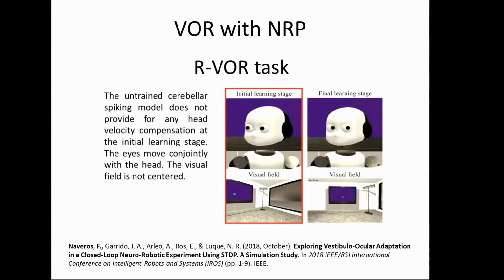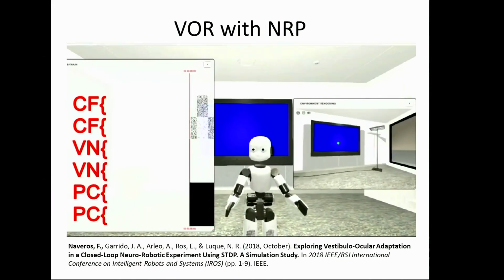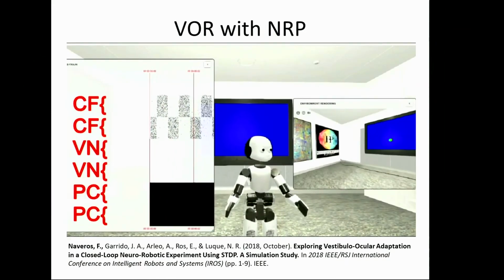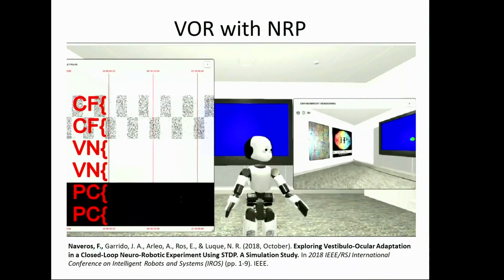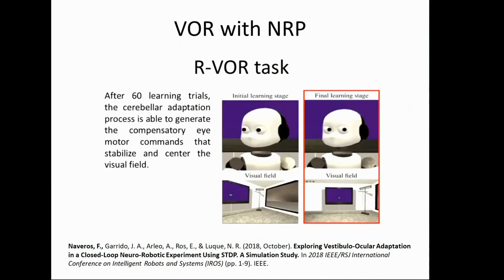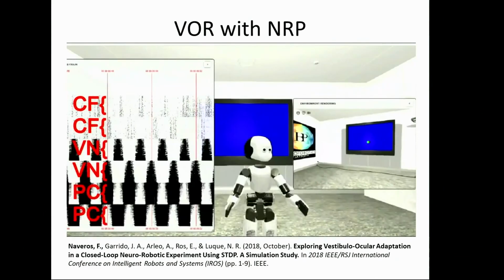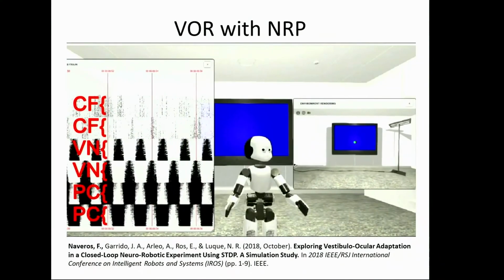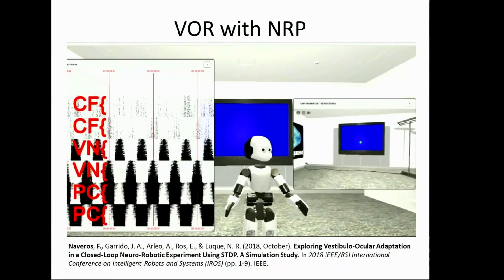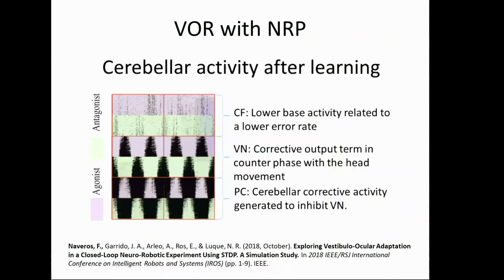And we can see how at the initial learning stage, the cerebellum is not able to compensate any movement, so we can see how the eyes are moving with the head. And we can see also the activity of climbing fiber, vestibular nuclei, Purkinje cell. And then, at the end of the learning stage, the cerebellum is able to compensate the movement and stabilize the image.